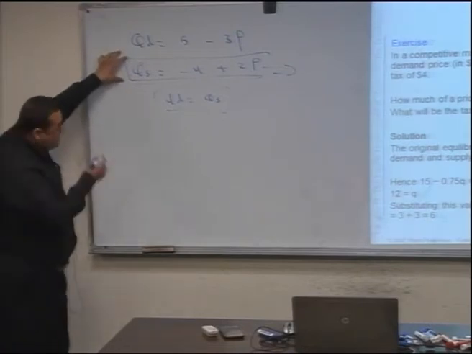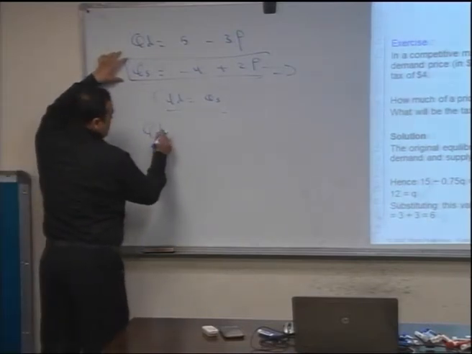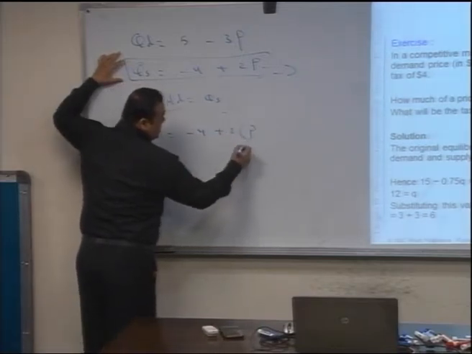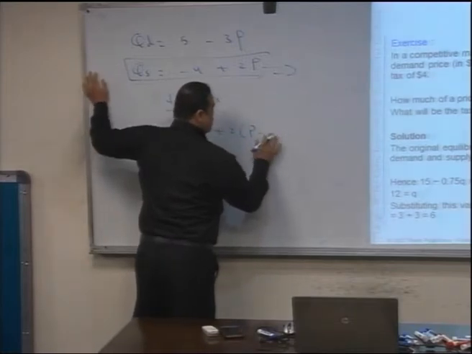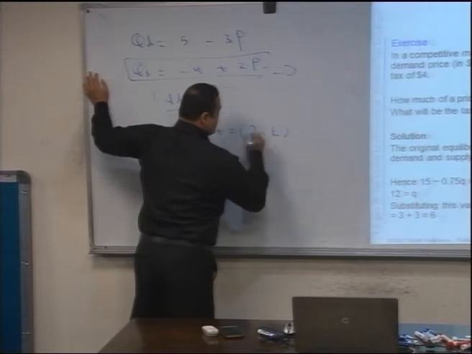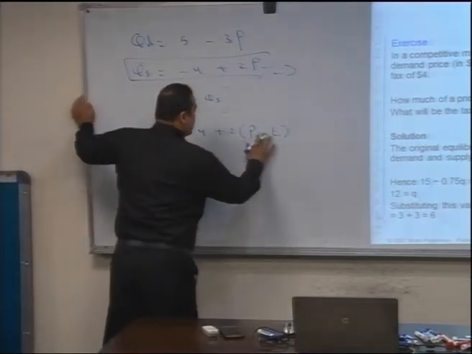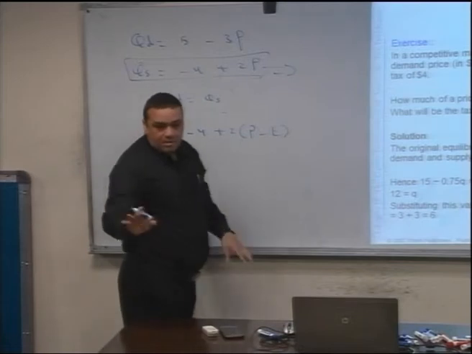The change will be QS equals minus 4 plus 2 times P minus taxes. Plus or minus? No, minus taxes.